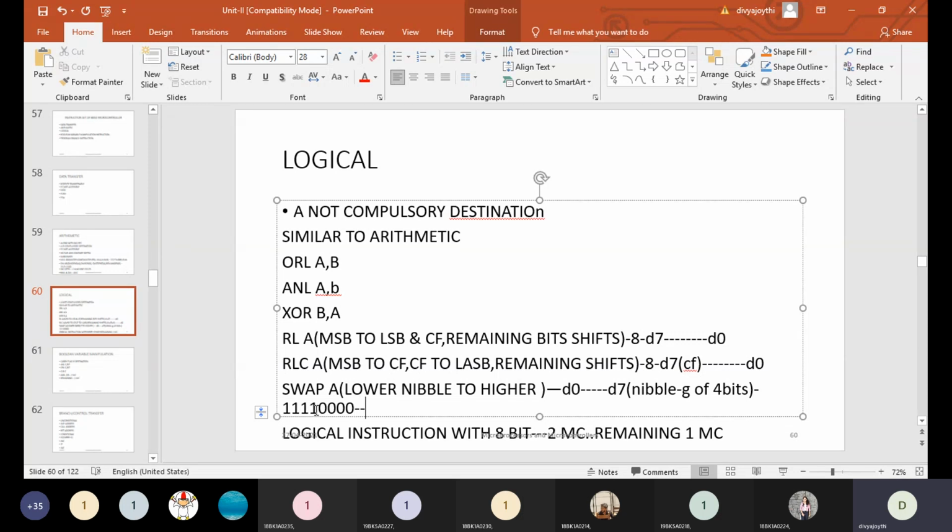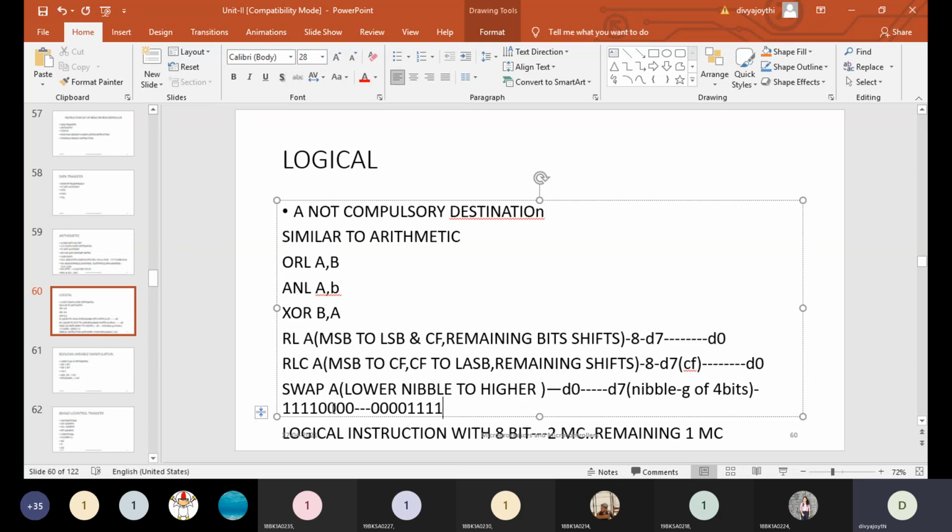After the execution, the result will be 4 zeros, 4 ones. That means the lower nibble is replaced with the higher nibble and the higher nibble is replaced with the lower nibble. That is the swap instruction, which comes under the logical instructions.